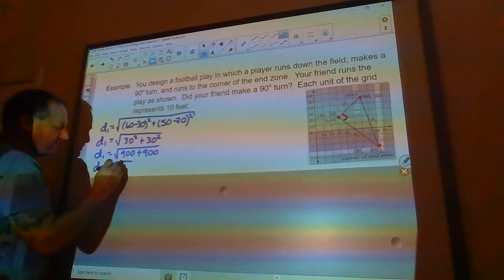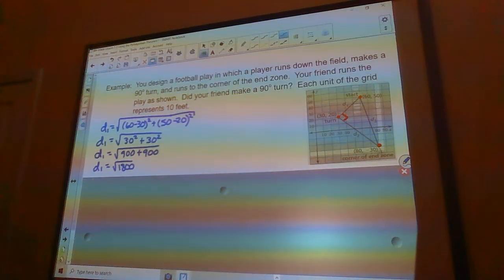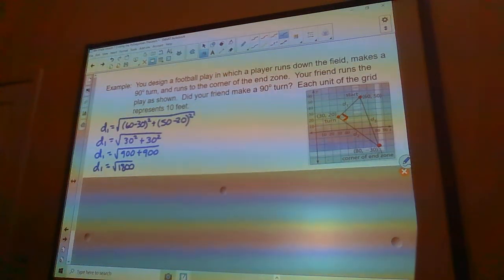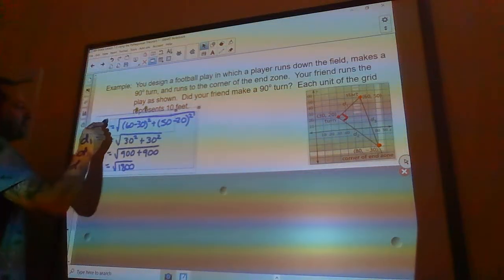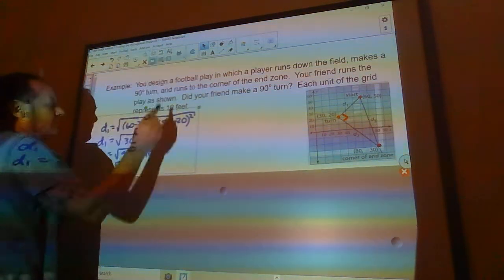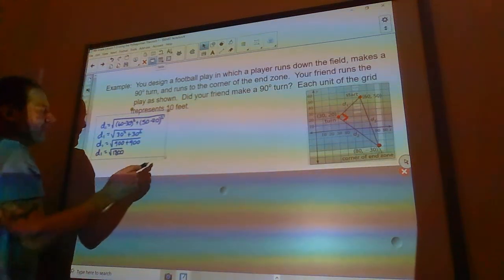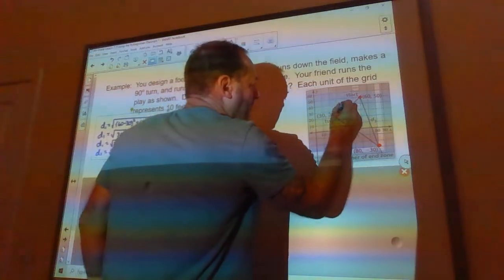So that's the square root of 1800. Now, I can turn that into a decimal, but I'm going to leave it just like that because that's an exact answer, okay? And that's going to be a little bit easier for me to deal with in the next step. So just leave it like that. And let's go on to the next part, okay? So here's D1.